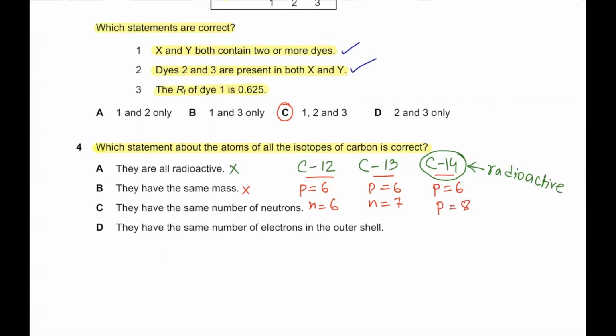So they do not have the same number of neutrons, also wrong. They have the same number of electrons in their outer shell. No matter what the isotope is, the proton number stays the same, and as a result, the number of electrons and the electronic configuration stay the same. So D is the correct answer.